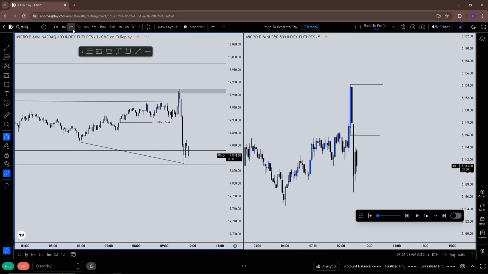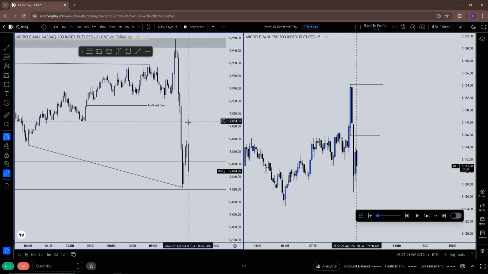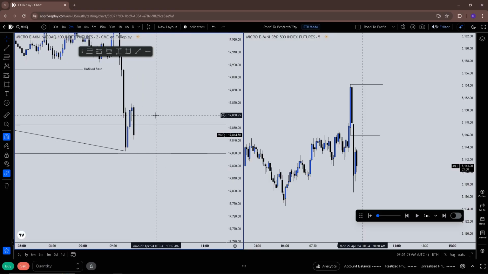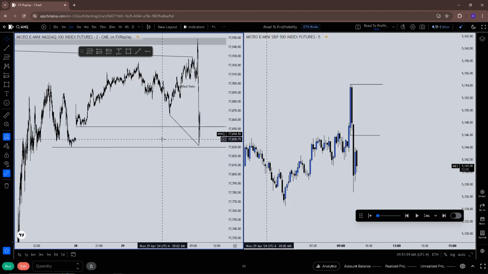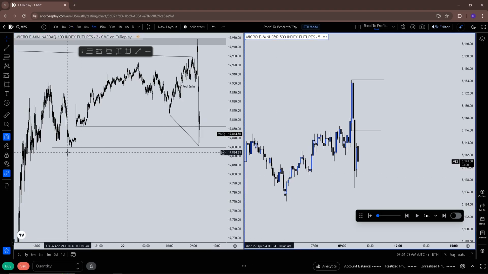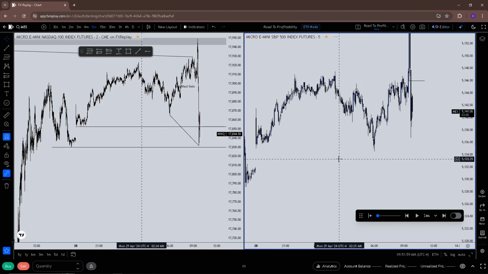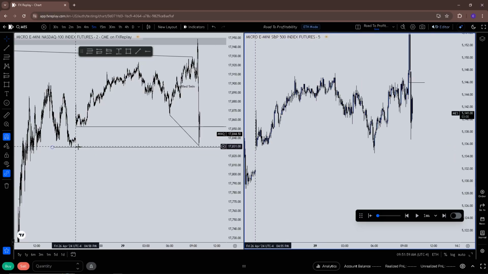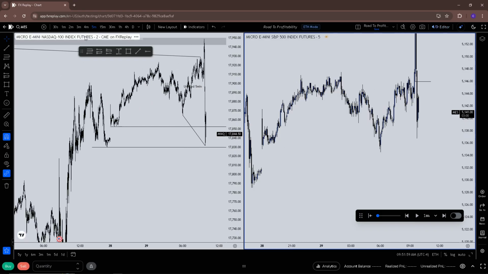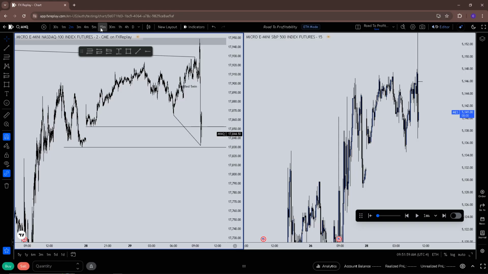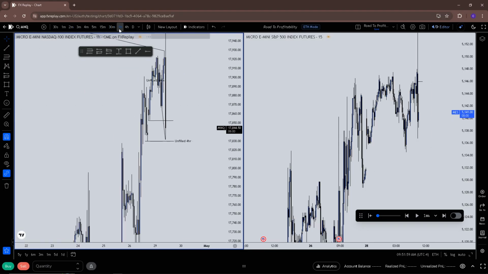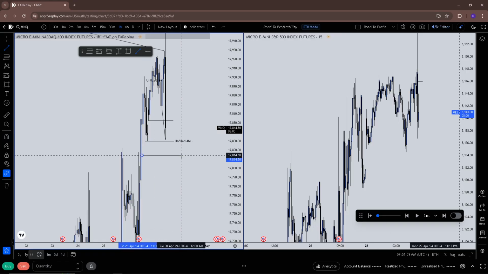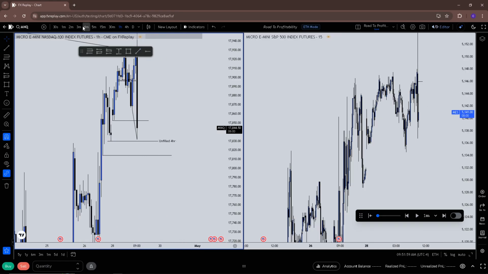Right, tapped into this 4 minute. What do you get? 2 minute inversion. Still have this low down here we haven't come for yet. And it's also an unfilled 4 hour.